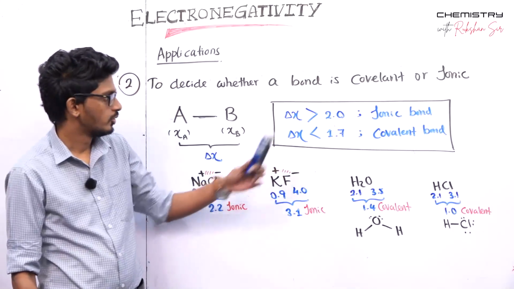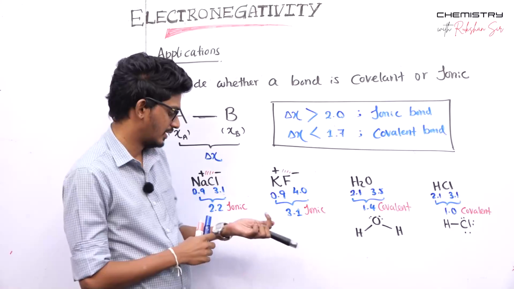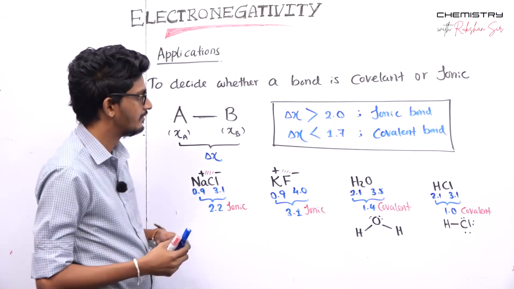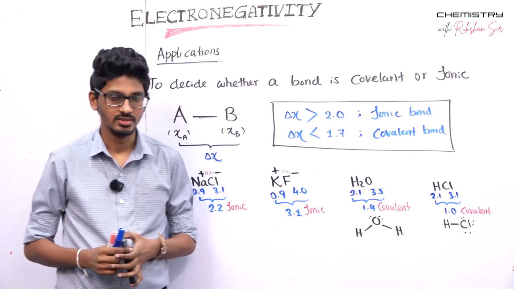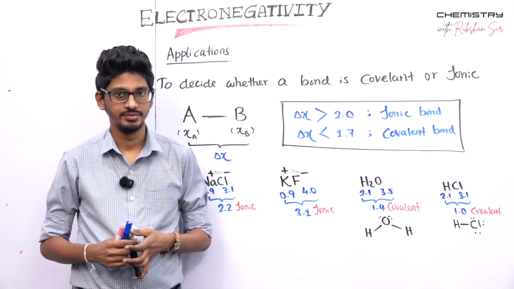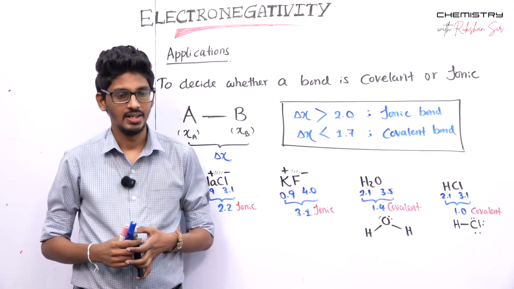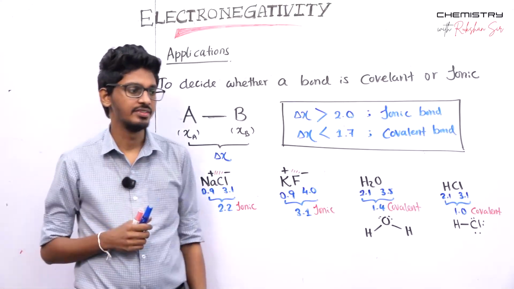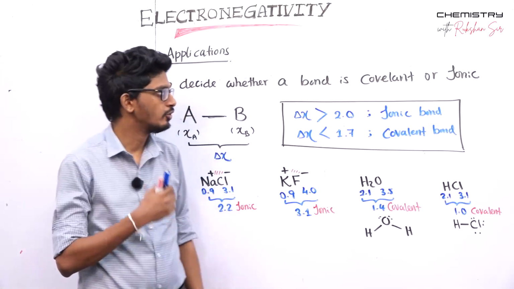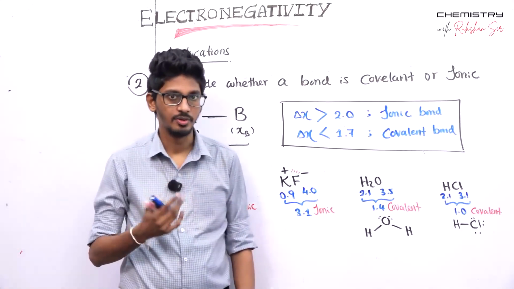Okay. So that is about predicting the covalent or ionic nature of a bond. That is another very important application regarding electronegativity values. After this, we'll discuss a few more things we should know about electronegativity.